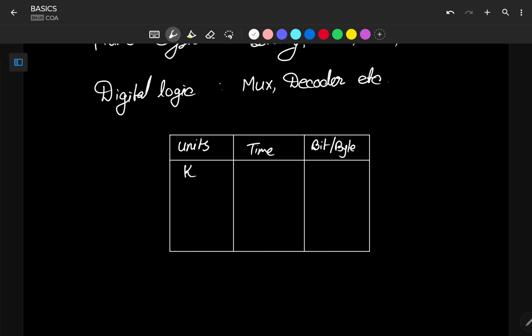First kilo, which is 10 to the power 3 in time, and in bit it means 2 to the power 10. Then is mega, which is 10 to the power 6, and when it comes to byte, 2 to the power 20.